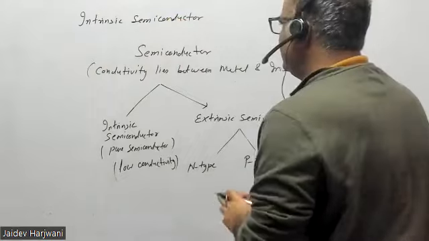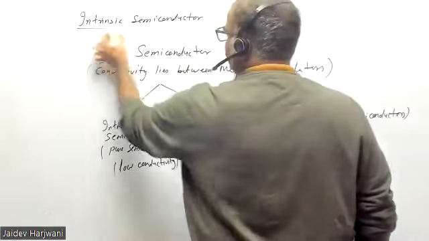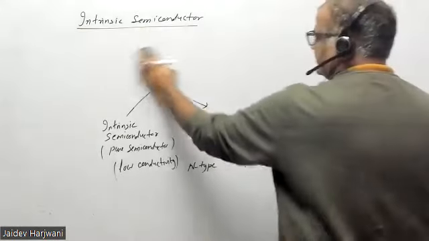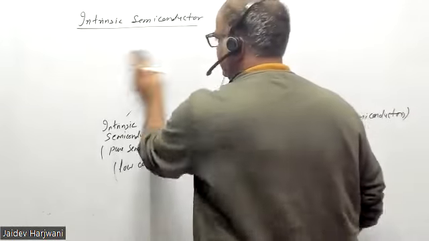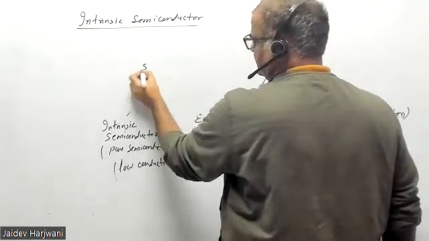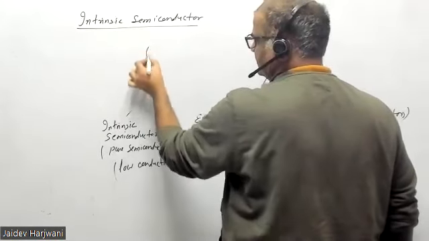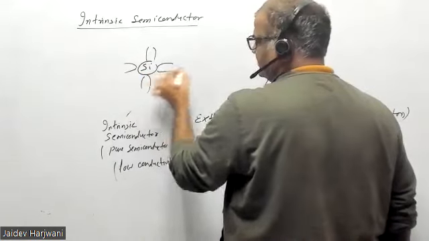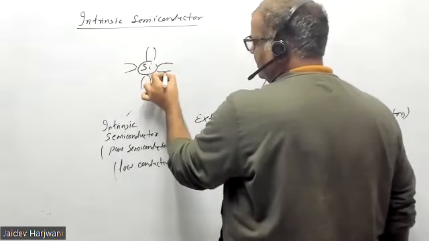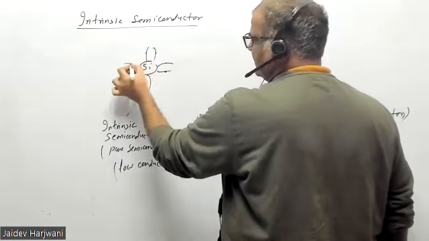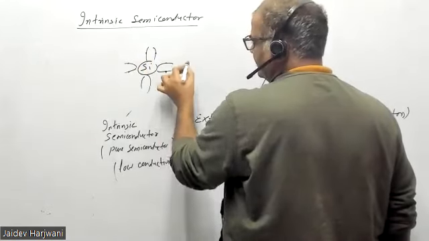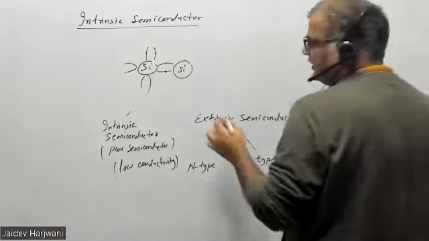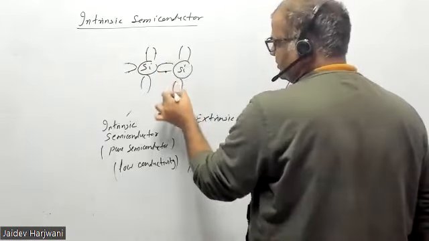If we see an intrinsic semiconductor, let me take the example of silicon. Silicon is a fourth group element, that means it has 4 valence electrons, and every silicon atom is bonded with surrounding silicon atoms.